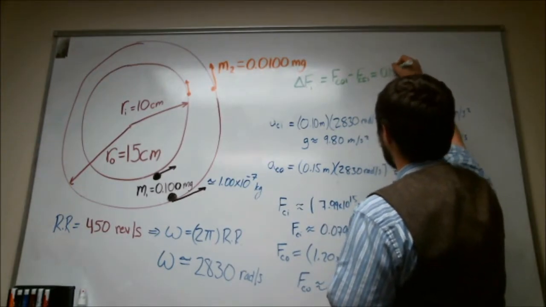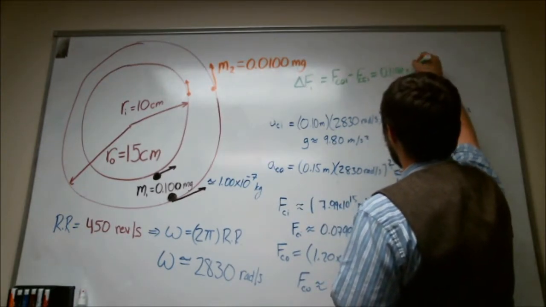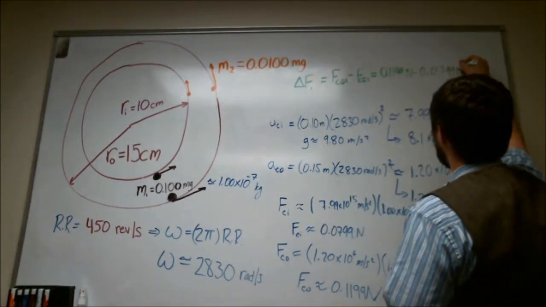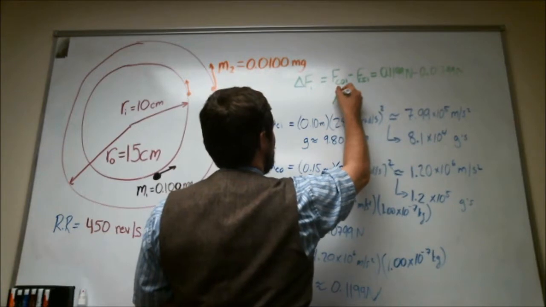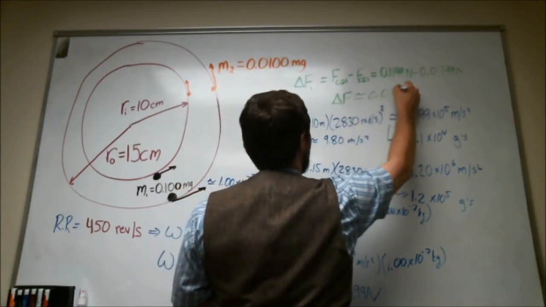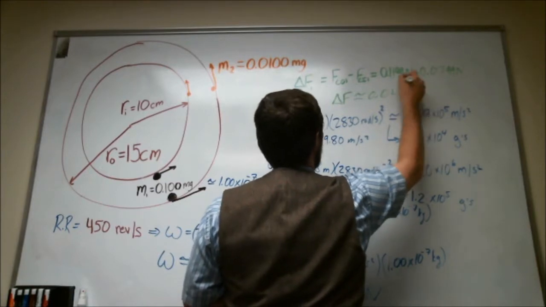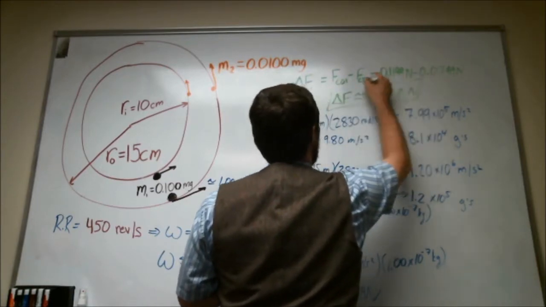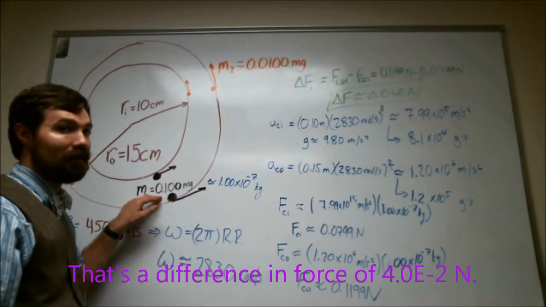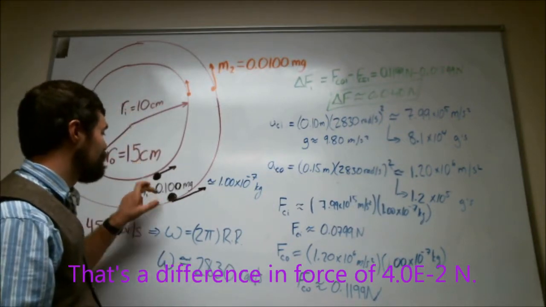So 0.1199 minus 0.0799 newtons. So what you end up with is that the difference in force is approximately 0.040 newtons. And that's the difference in force experienced by a 0.1 milligram object between the inner edge and the outer edge.